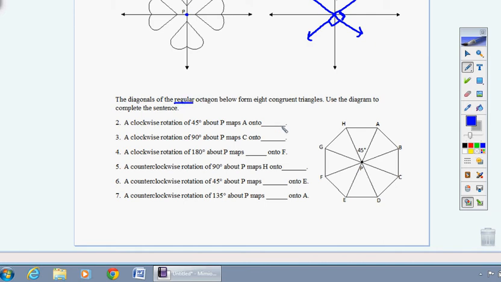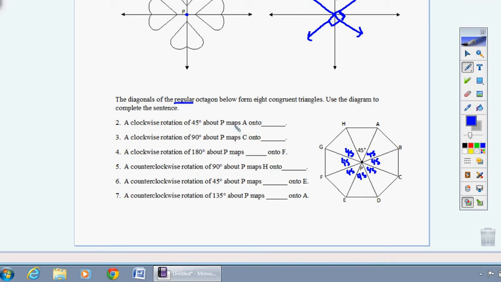This is a regular octagon, so all these sides are congruent, and all these corresponding angles are the same as well. So if this is 45 degrees right here, then all of these have to be 45. So all of these angles are 45 degrees. So I'm always going to be rotating in increments of 45 degrees, around center point P.